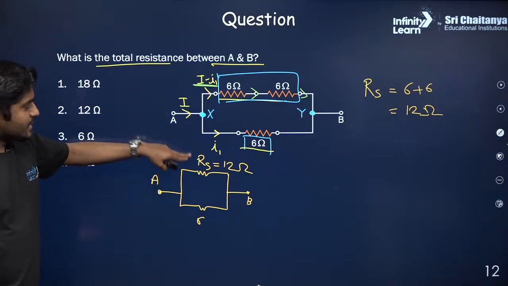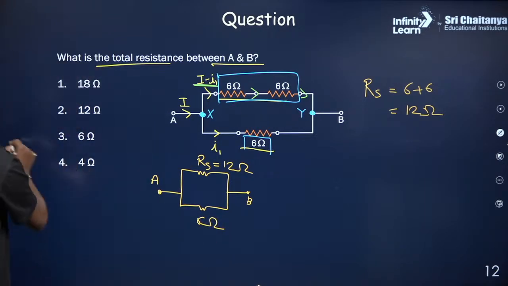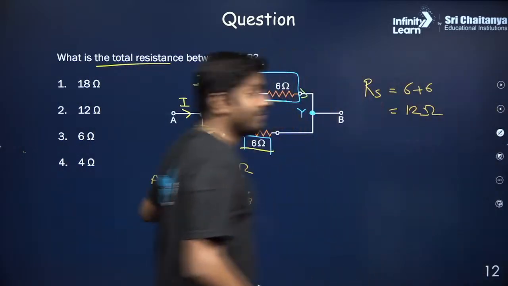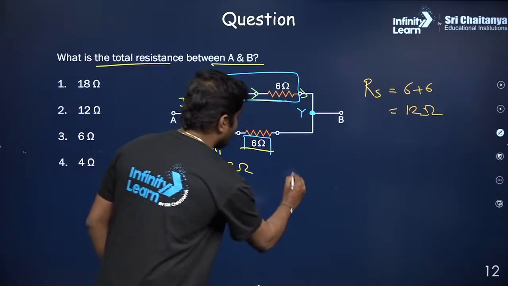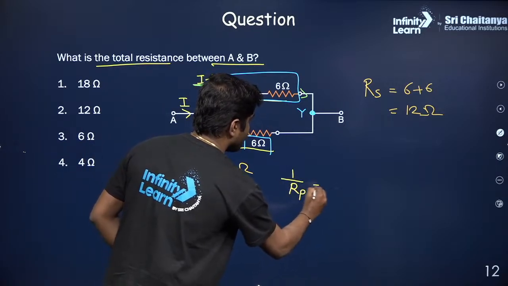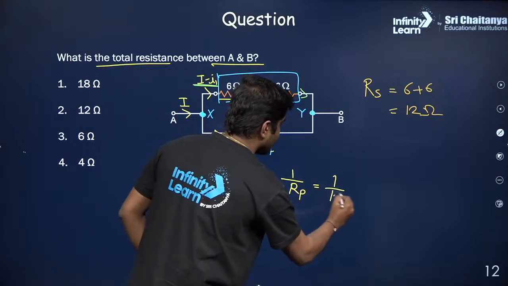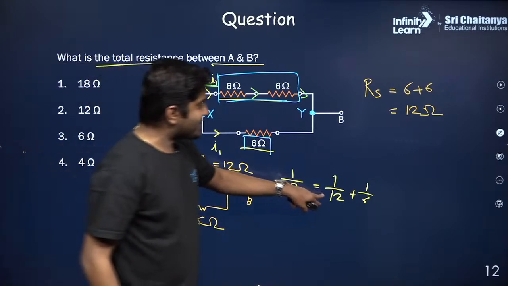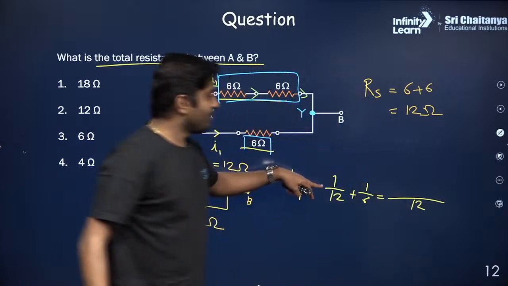You agree? This 12 and this 6 ohms are in parallel. If these two are in parallel, we need to use the parallel formula. So 1 by Rp is 1 by R1, that is 1 by 12, plus 1 by 6. Now LCM of 12 and 6 is 12. So what will be in the numerator?